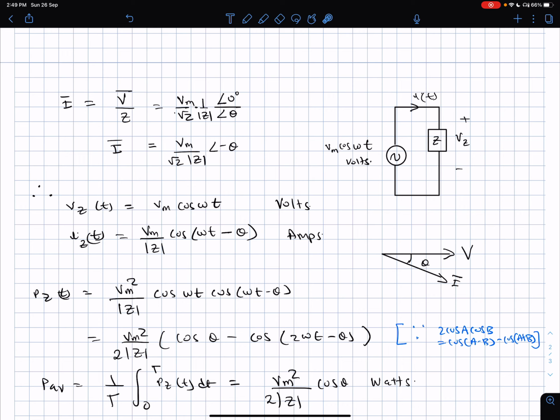It can all be put together as an impedance Z which is available to you.